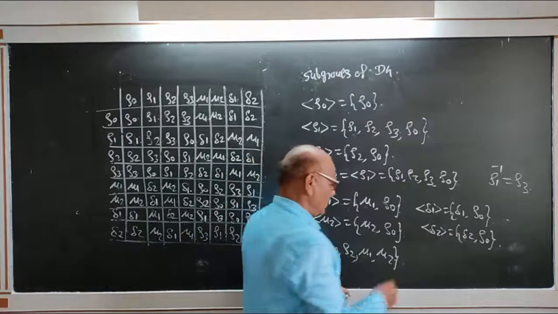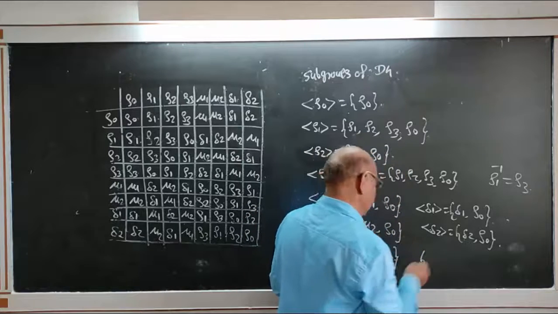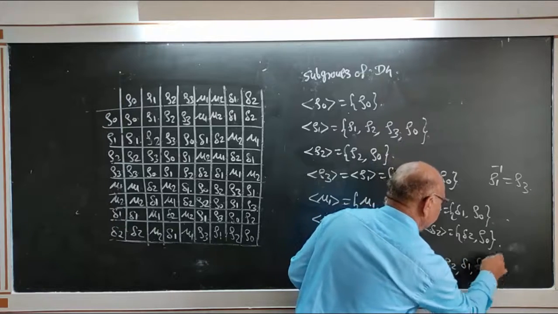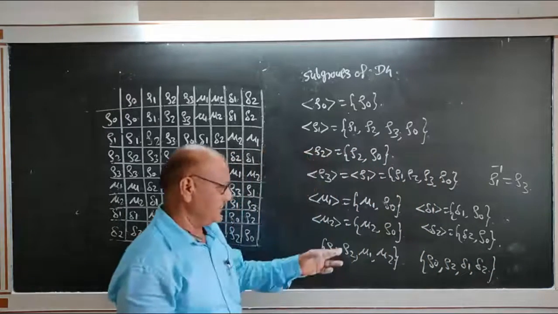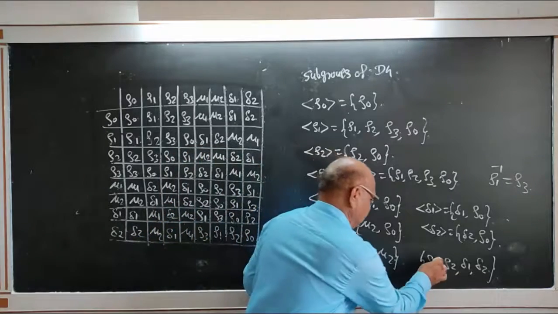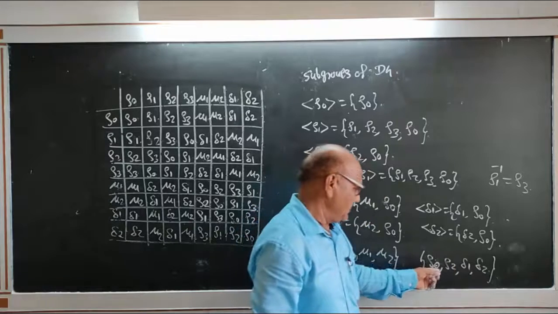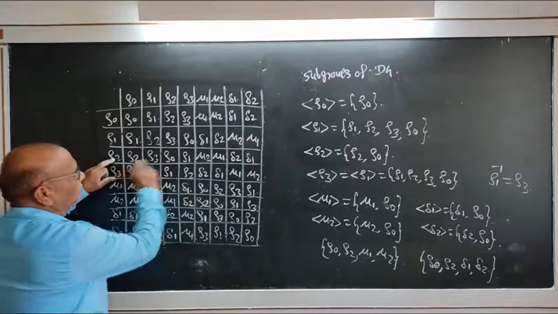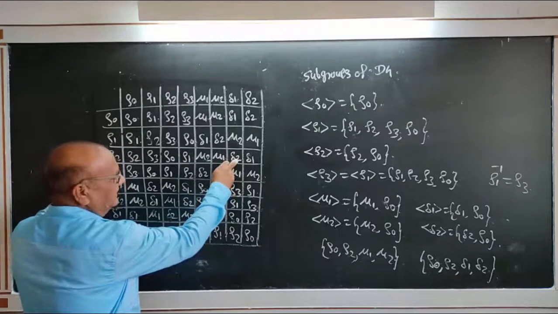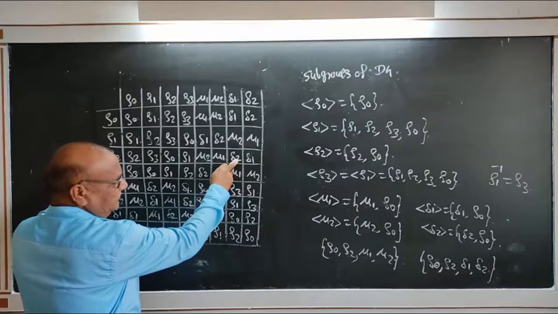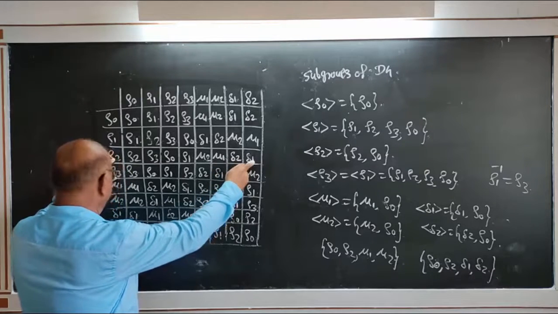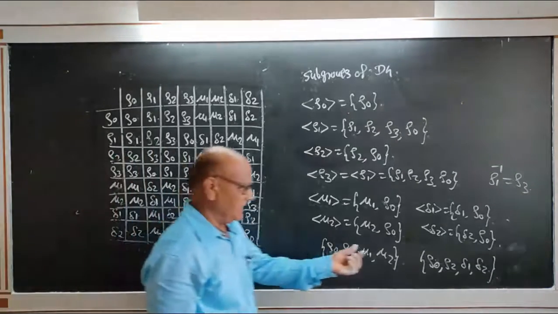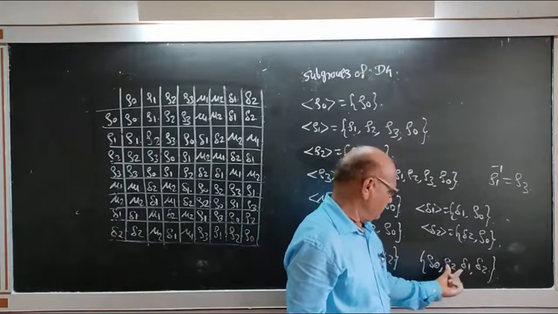This is a group. Now, another type: row 0, row 2, delta 1, delta 2. This is also a subgroup, with the same condition. This is also a Klein 4 group. Here, row 2 into delta 1 is delta 2. Row 2 into delta 2 is delta 1. And delta 1 into delta 2 is row 2. The inverse of each element is itself.